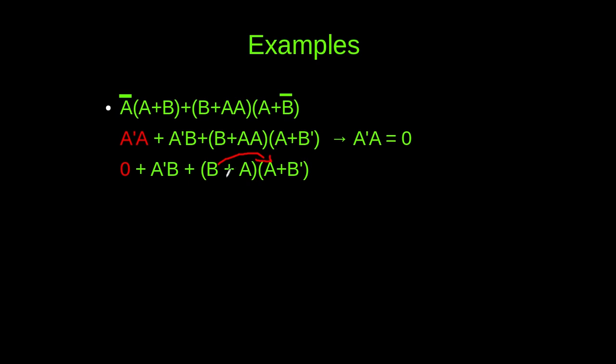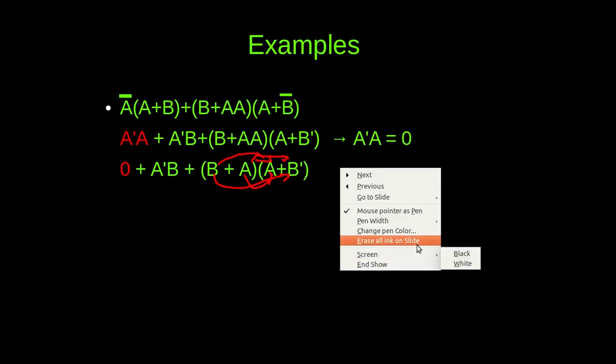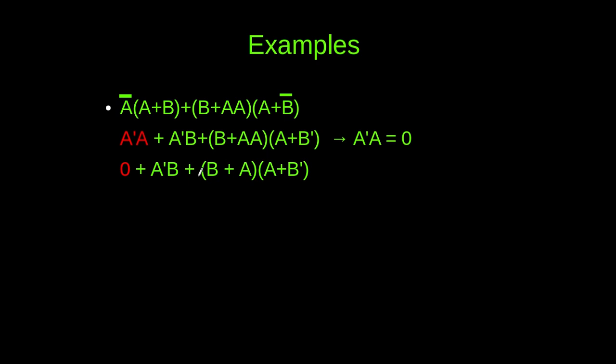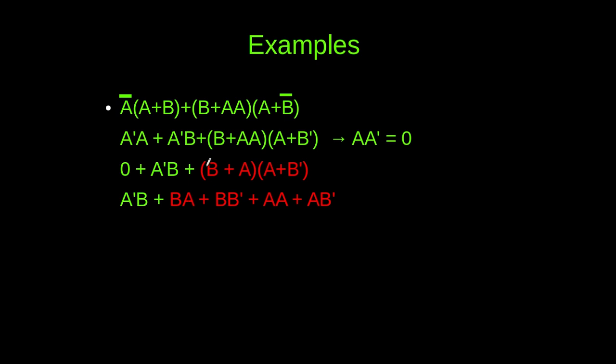This is multiplied by this, and this. So what will I have? BA plus BA plus B naught, B plus AA plus AB naught. BA, this with this, and BB naught plus AA plus AB naught.